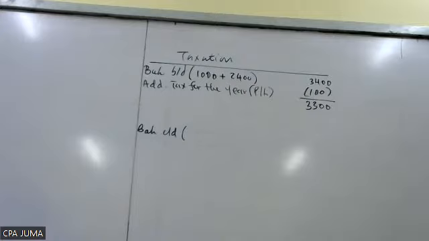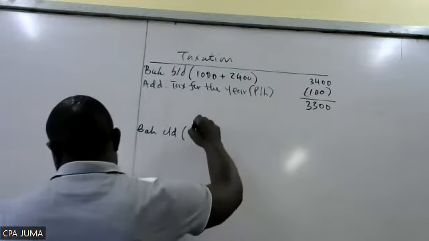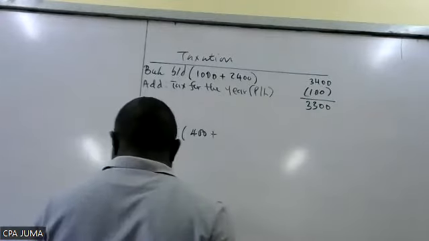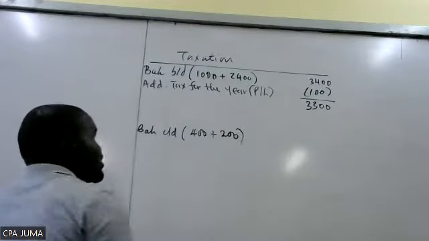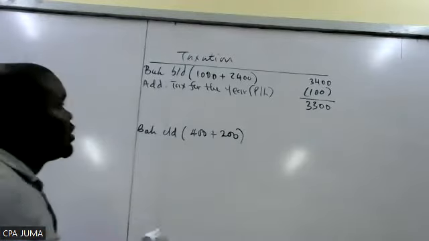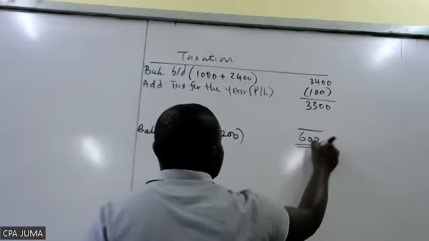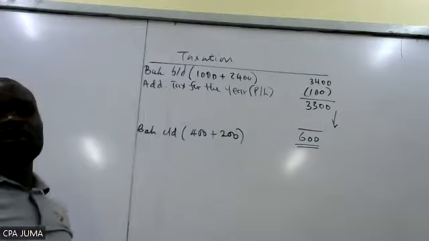Check deferred at the end and current at the end. Deferred at the end was 400. Current at the end is 200. So the closing tax obligation is 600. So the tax liability has decreased.